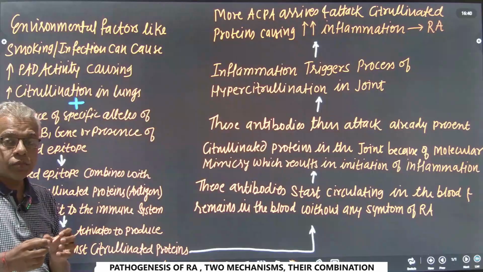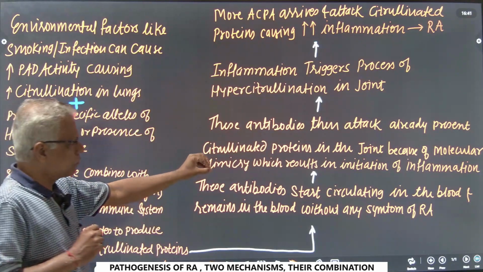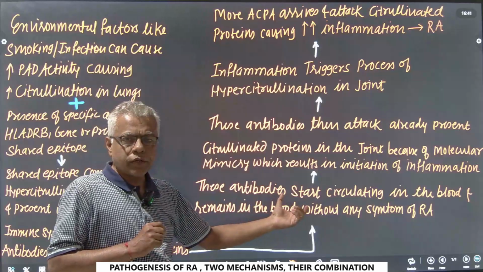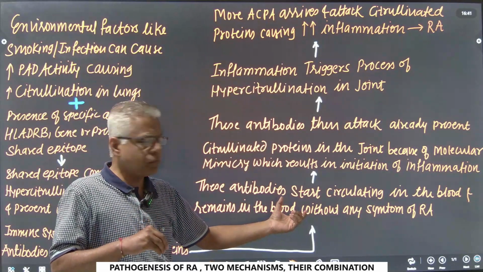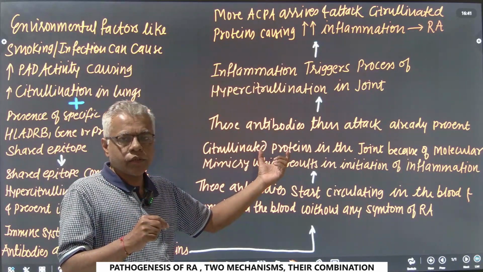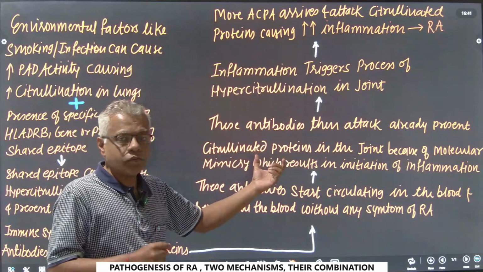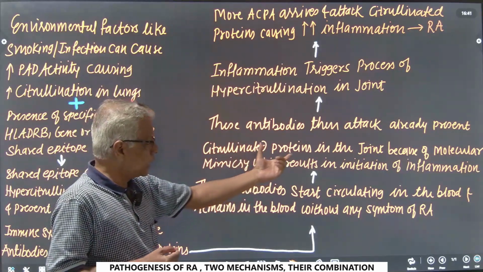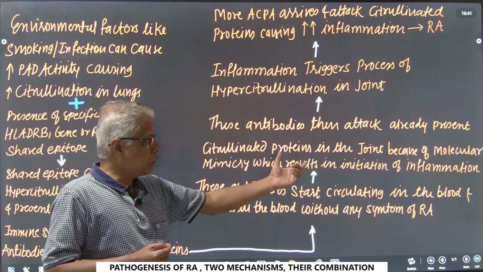What is the difference between the first and the second mechanism? There is a very little difference. Up to this antibody formation and these circulating antibodies in the plasma, the same thing is here. In the first mechanism, it is the infection of the joint and a trauma to the joint which is causing the inflammation, and in the second mechanism it is because of the molecular mimicry.